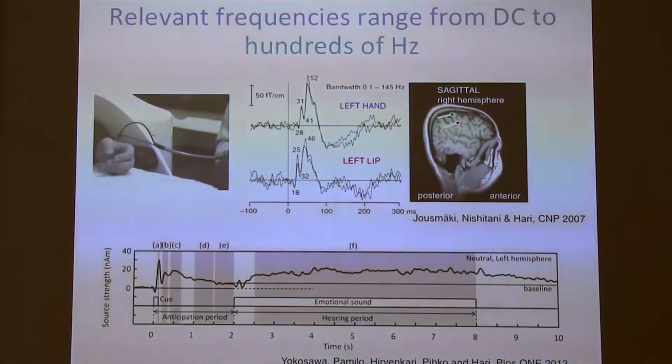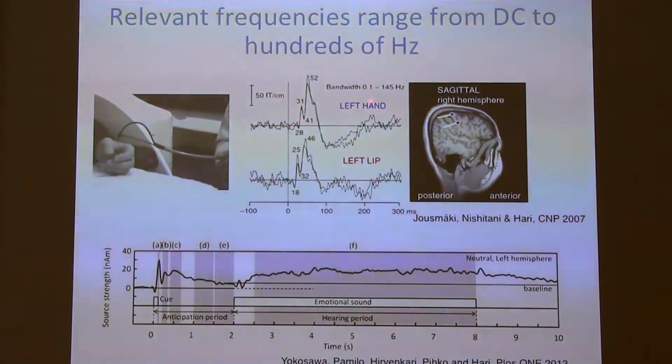Okay, so then about the frequencies. The relevant frequencies from the neuroscience point of view range from DC, or let's say at least from quite low frequencies, up to hundreds of hertz or even over 1 kilohertz, as we heard just earlier.